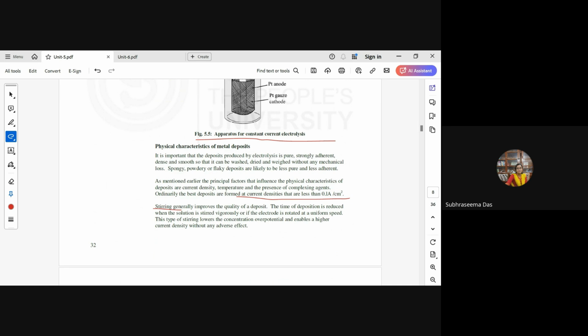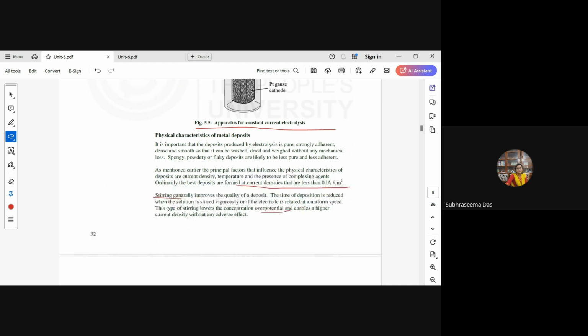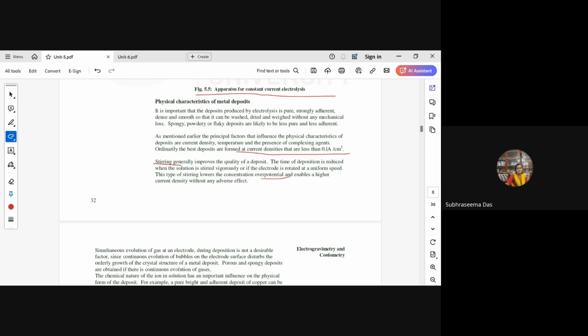This type of stirring lowers the concentration overpotential and enables a higher current density without any adverse effect. As a result of this stirring, a uniform deposit occurs and is maintained throughout the electrode.